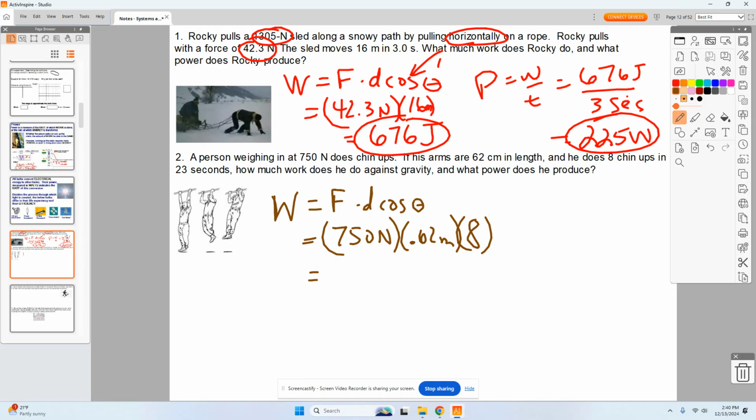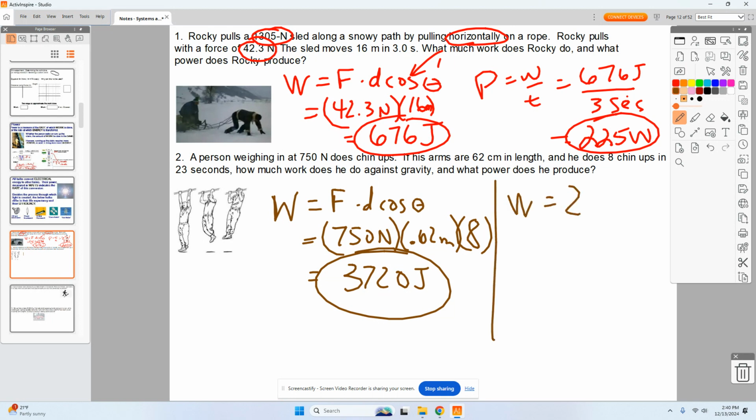He does about 3,720 joules of work against gravity. 750 times 0.62, there's 8 of them, so it does that. Now, when I do power, is it okay if I double 3720 when he does this work against gravity? Is it okay for me to double that?